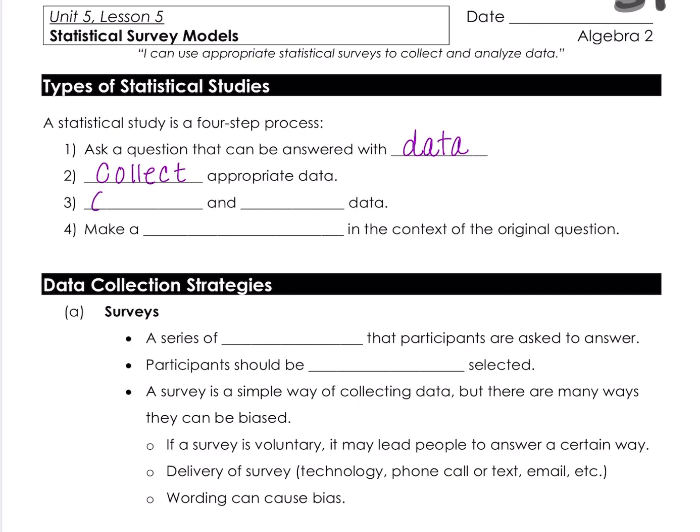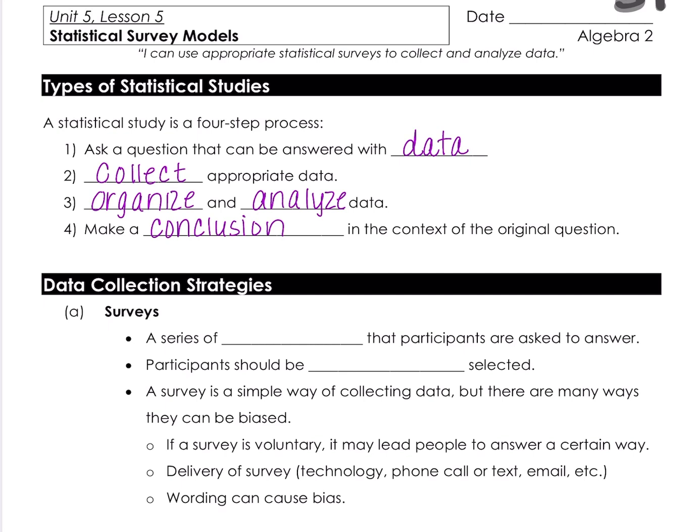Step 3, we organize and analyze that data. And the whole point of this is to make a conclusion in the context of the original question. And that conclusion will help you make predictions, make decisions. This is the basis of our statistical studies.